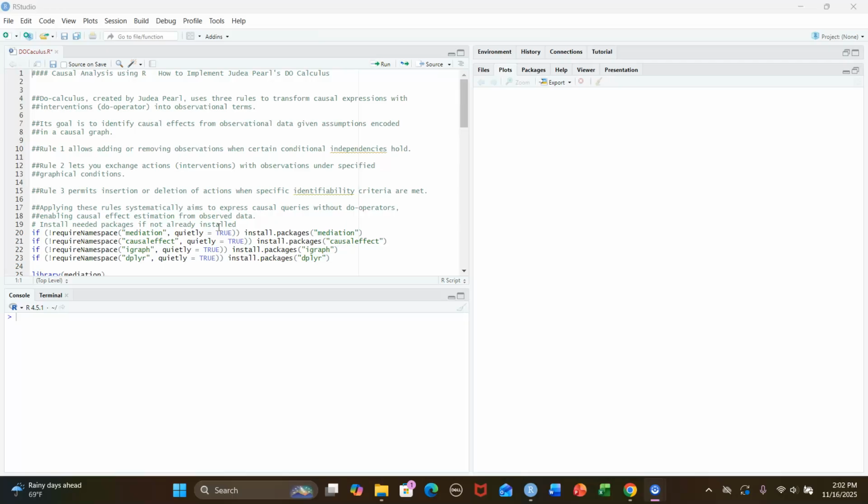So the do-calculus is built on a graph model, the DAG, showing the causal pathways, and it really works for observational data, to try to estimate the causal effect of the intervention on the outcome without randomization.